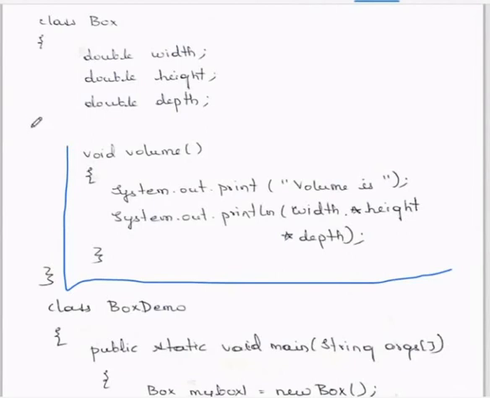One thing I want to make clear: this is a class box. If they ask what are the members of the class box, then it has four members. First member width, second member height, third member depth, and fourth member is volume. Members means instance variables plus member methods. So there are four members of this class: width, height, depth, and volume.